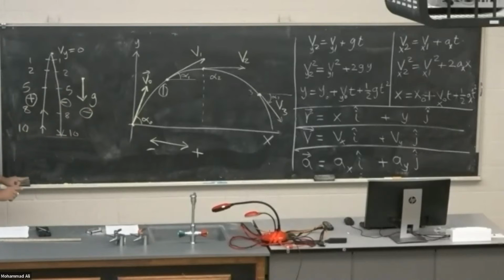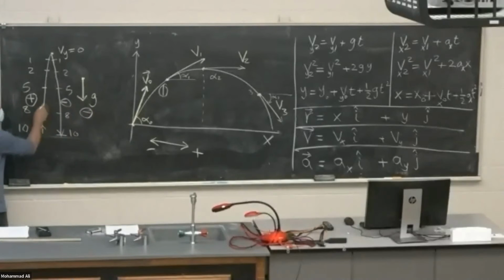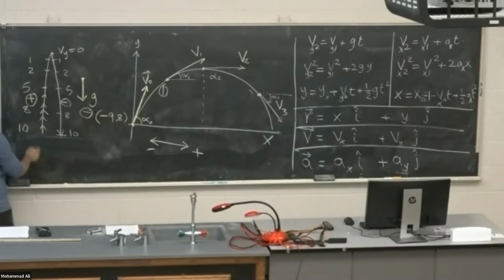Another important thing. When I was in your place, I answered it the wrong way. g is always constant. When I am going up, g is g. It's constant. It is negative 9.8 meter per square second. There is always g. How much is g at the top? How much is g here?